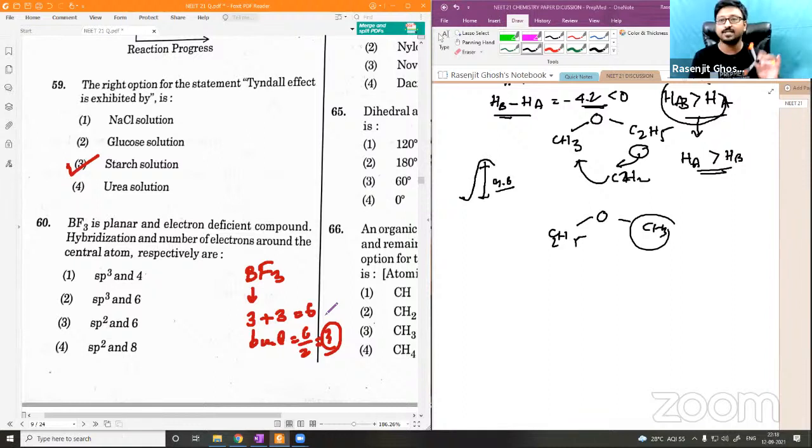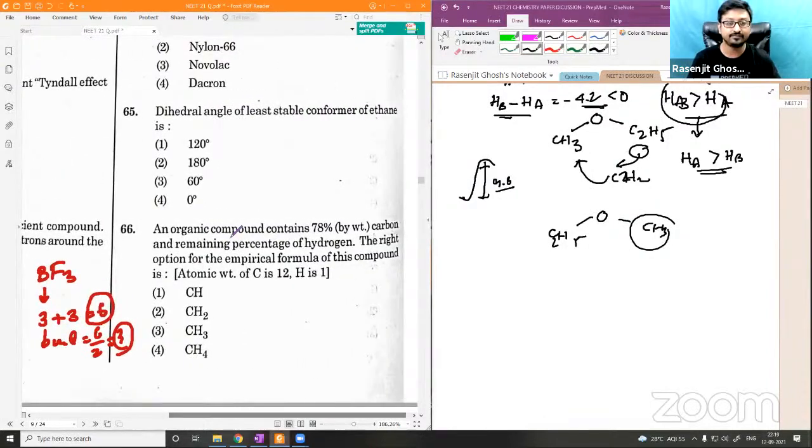So BF3 is a planar molecule with trigonal planar geometry. So the hybridization will be sp2. And from here we can see the total number of valence electrons is 6. So the answer will be sp2 and 6. Next.